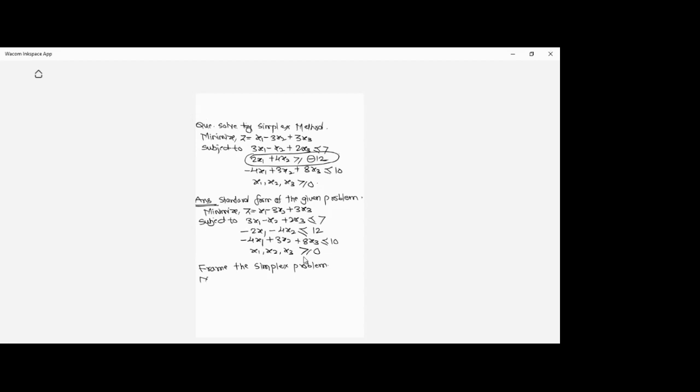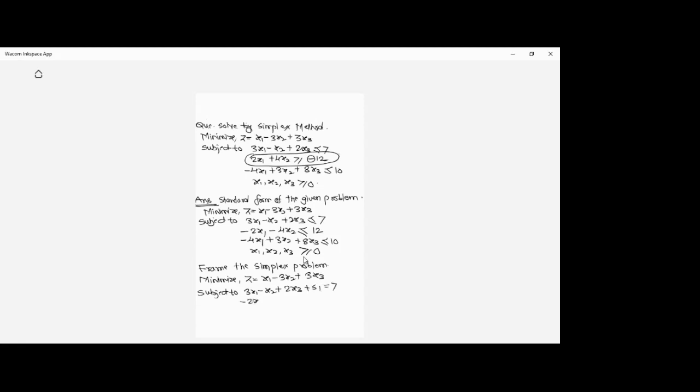The slack variables can be considered in the same way as in the maximization problem, right? So minus x1 minus 3x2 plus thrice x3 is the objective function, and subject to 3x1 minus x2 plus twice x3 plus s1 is equal to 7.